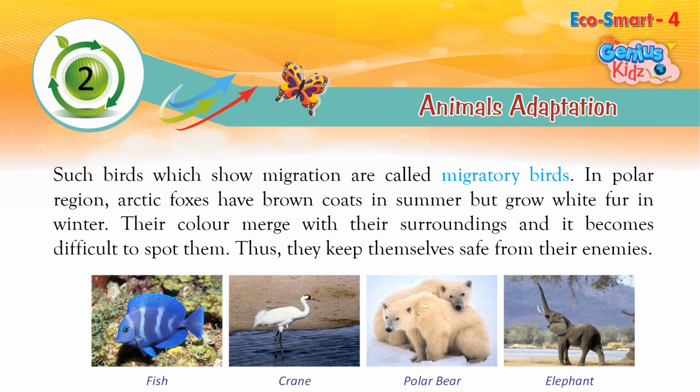Such birds which show migration are called migratory birds. In the polar region, Arctic foxes have brown coats in summer but grow white fur in winter. Their color merges with their surroundings and it becomes difficult to spot them. Thus, they keep themselves safe from their enemies.